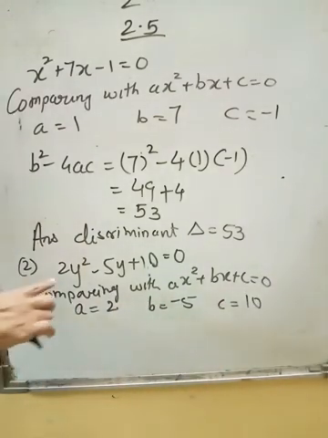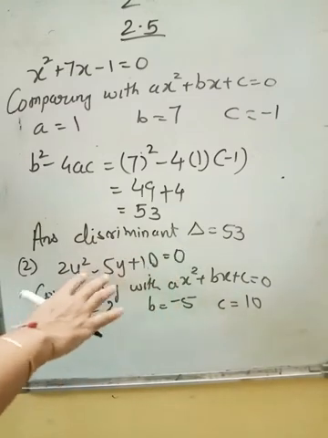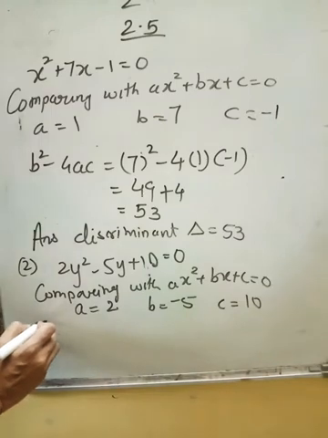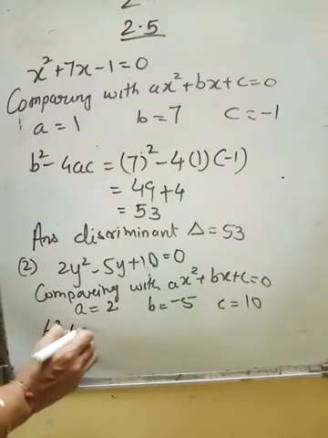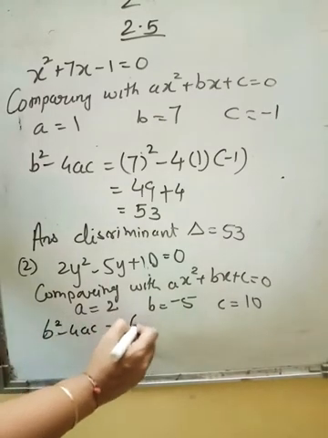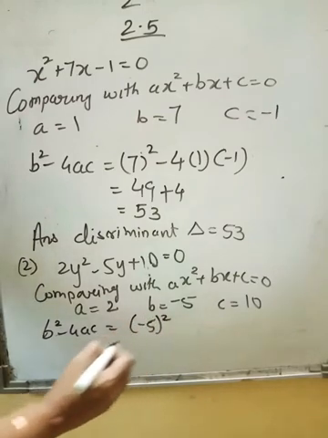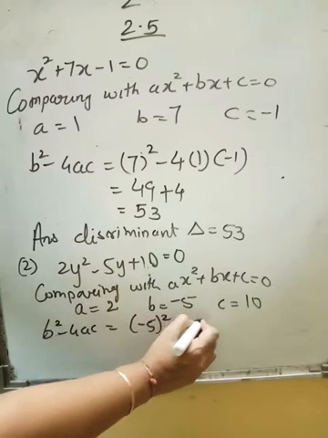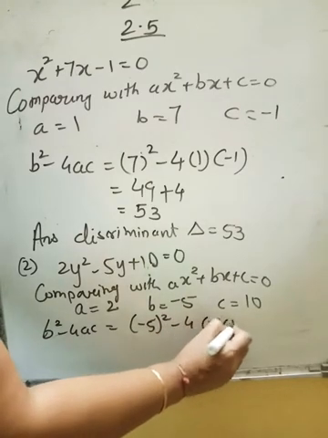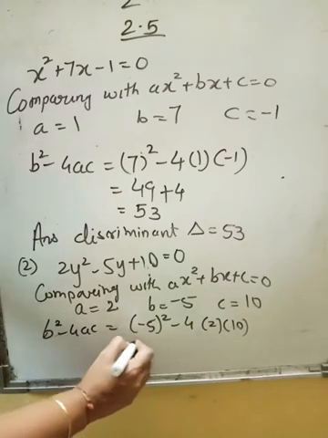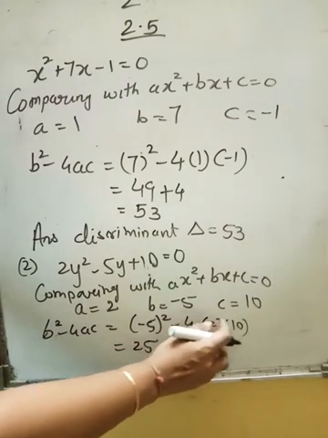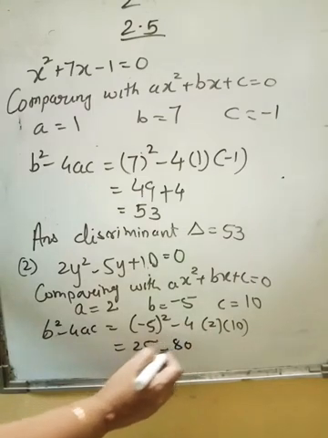So we have written A, B and C. See, it is very simple. Just you have to take care of the sign. So what is the discriminant? b square minus 4ac. That will be equal to minus 5, see, the minus sign came down. So minus 5 the whole square minus 4, A is 2 and C is 10. So that is 25 minus 4 2s are 8, 10s are 80.